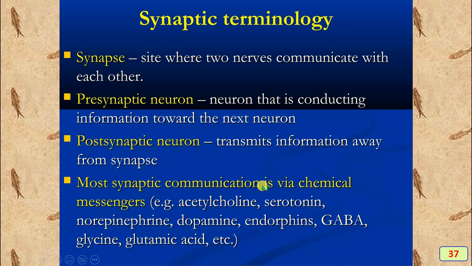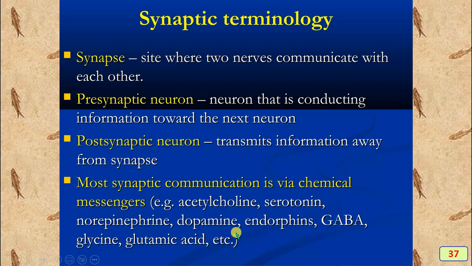Acetylcholine is the number one neurotransmitter, followed by serotonin, which is especially in the central nervous system. Norepinephrine is in both the central and peripheral nervous system. Dopamine is mostly central nervous system. Endorphin, CNS. GABA, CNS. Glycine, central nervous system, and glutamic acid.